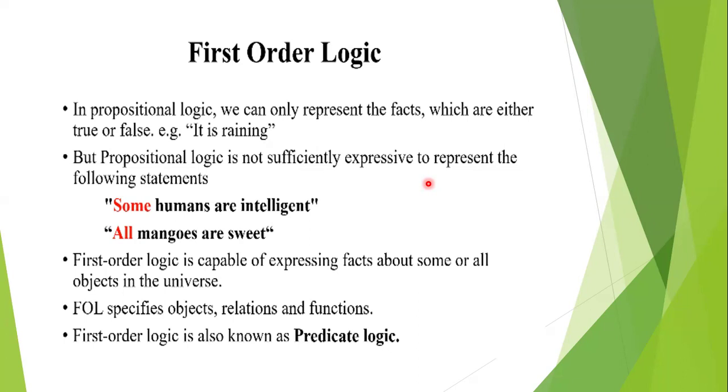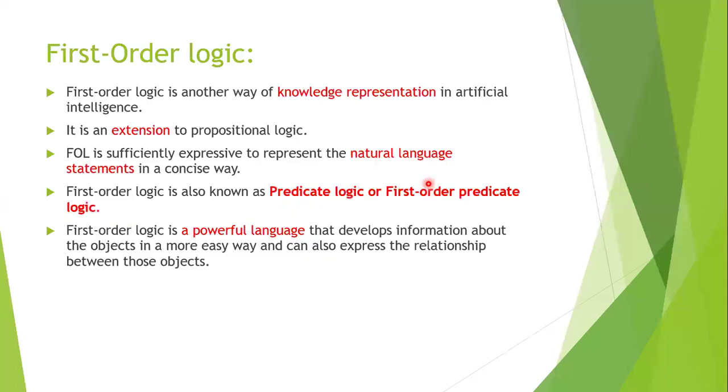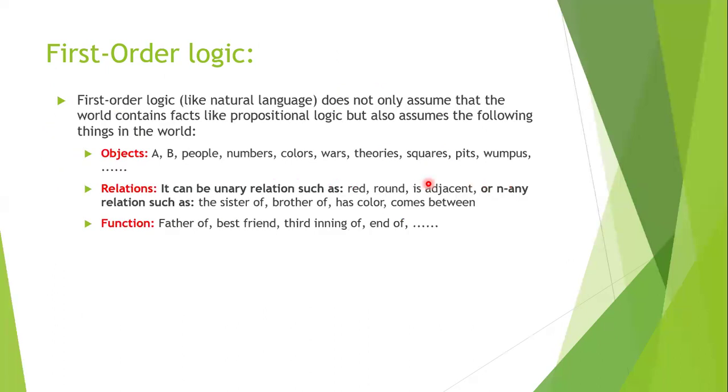First order logic is actually an extension of propositional logic, also called predicate logic or first order predicate logic. It develops the information about the objects in an easier way, and it is able to express the relationship between the objects.